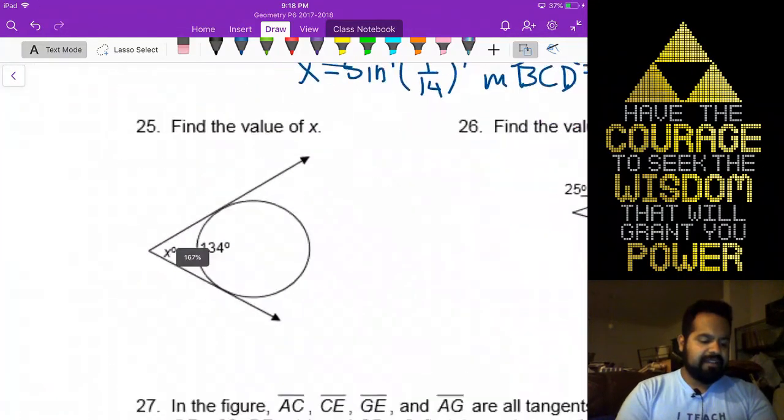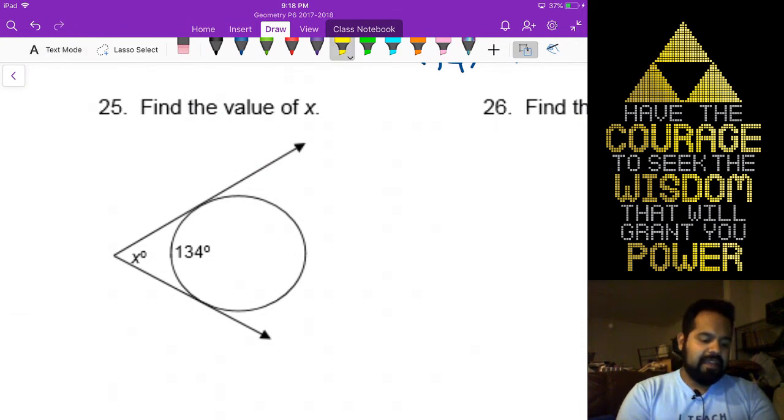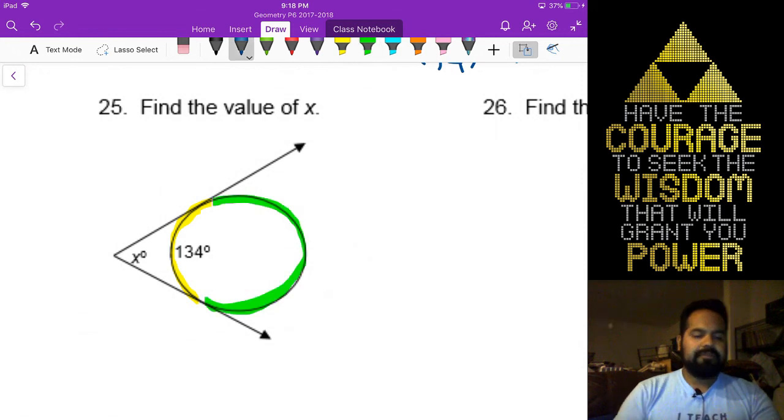So let's see here. 25. I wish to find the value of x. I know that this arc is 134. That means this arc is going to be 360 minus 134.